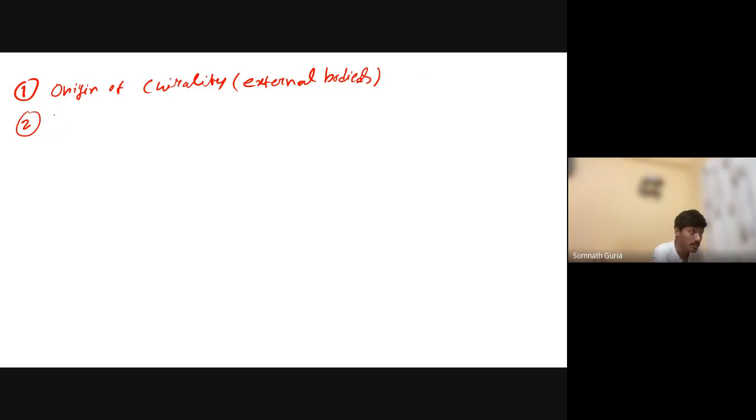Now we discussed the light matter interaction, which is associated with H psi equals E psi, the ground state.